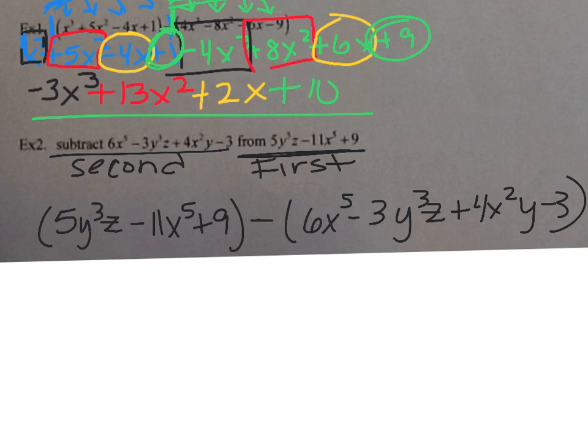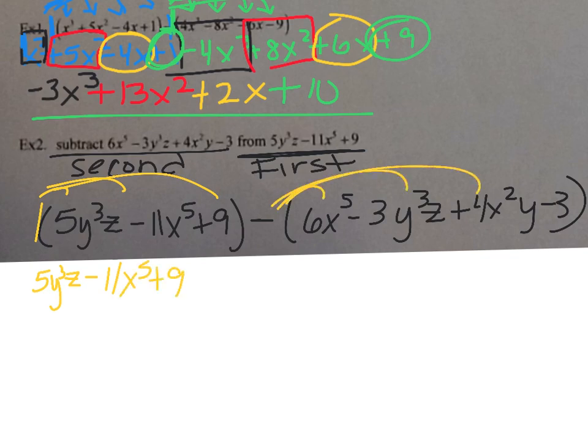Okay, and the same thing, we're going to distribute the 1 here, which will keep everything the same. So it's 5y to the 3rd z minus 11x to the 5th plus 9. Distribute the negative. It's going to change all the signs. So it'll be minus 6x to the 5th plus 3y to the 3rd z minus 4x squared y, and then I'll have a plus 3 there.